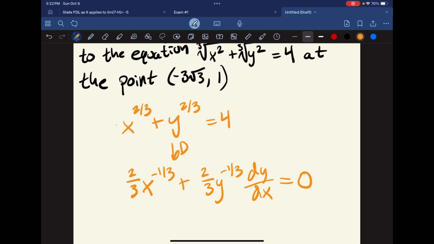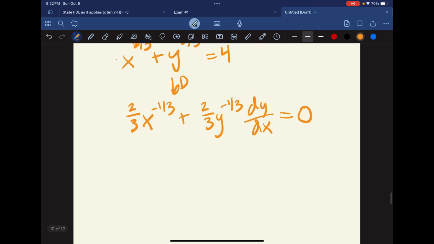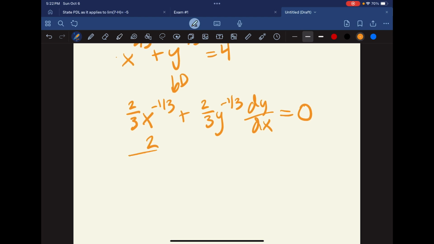And then the derivative of 4 is just 0, because it's a constant. So then now, we could also move these to the denominator, so 2 divided by 3x to the 1/3, which could be cube root of x, if you'd like to simplify it this far. Same thing with y, then times dy dx equals 0.